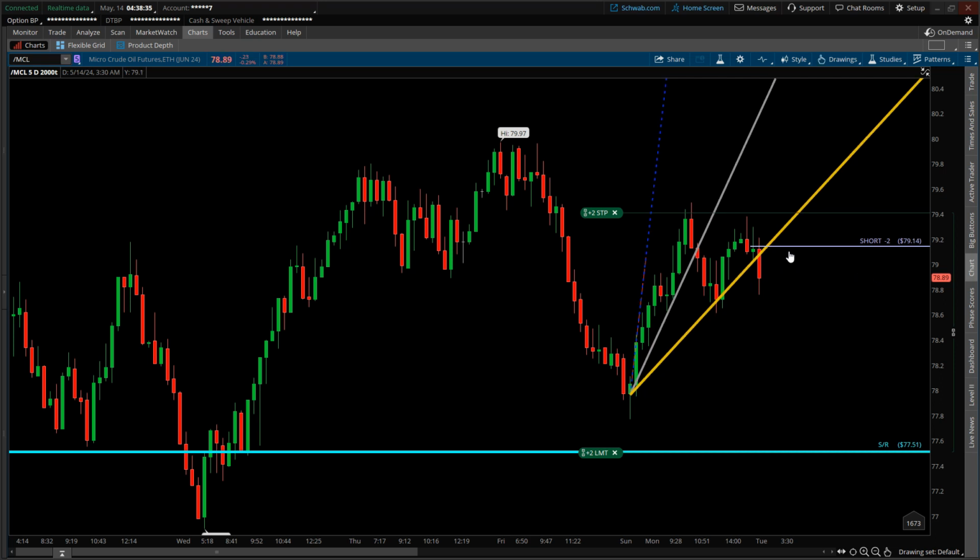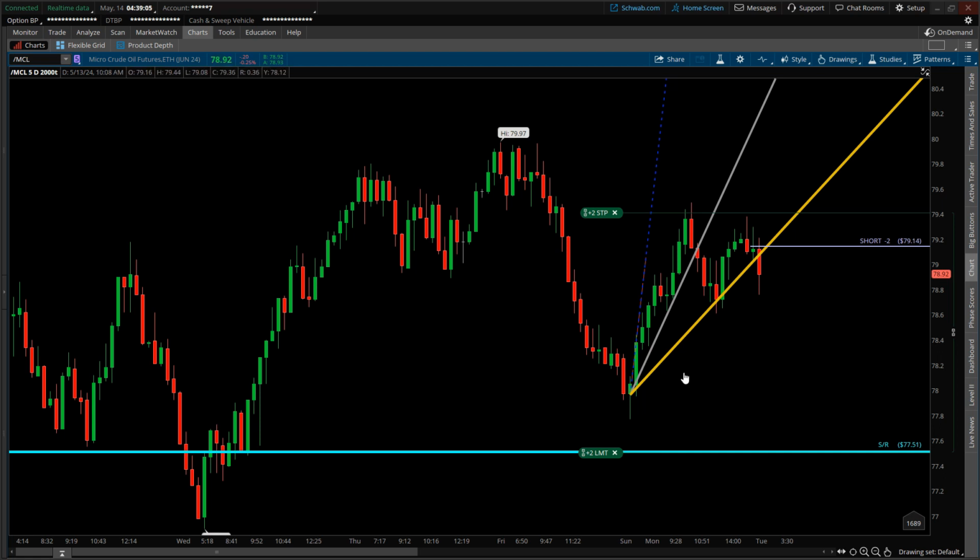After I entered, and this is just a visual markup, I placed a conditional order. This order right here is sitting as a stop order. If there was a violent spike back up to the upside, if price happens to cross above $79.41, then this is just an insurance policy to close out the trade, capping my loss to about $47.